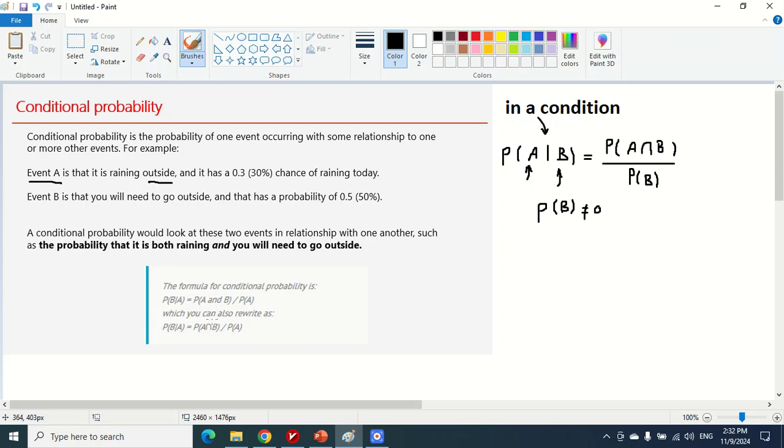So as you can see over here, we have this relation in a conditional probability, and the formula for conditional probability, as I said, will be the probability of A and B over the probability of A, for B in a condition of A. Instead of the "and" in the middle of them, you can put the intersection as you know before.